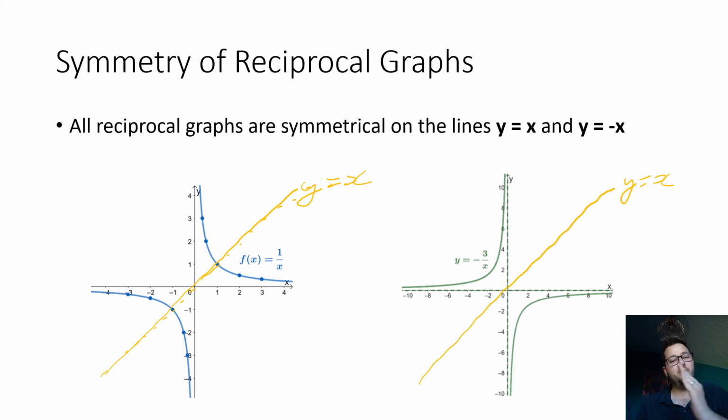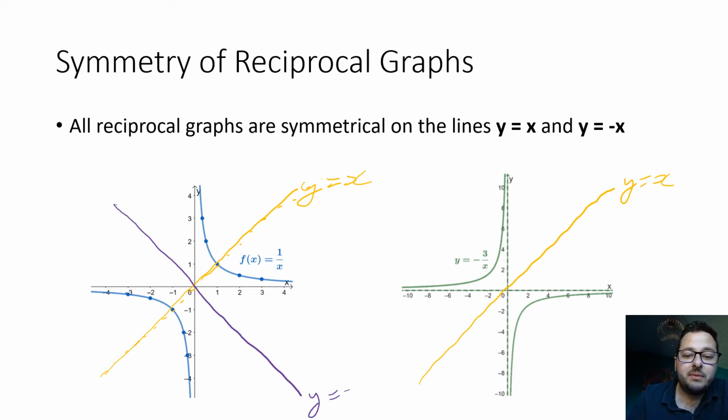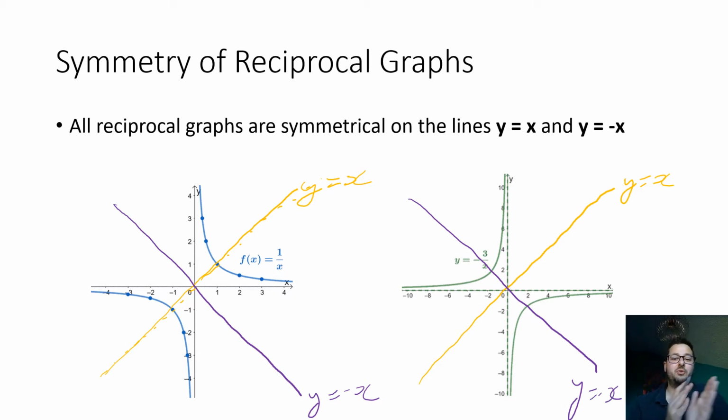See, that works as a mirror for both graphs. And then if we go the other way, let me grab a different colour, y equals minus x, that's going down this way. Y equals minus x, and same with this, y equals minus x. It's also symmetrical on those purple lines as well.